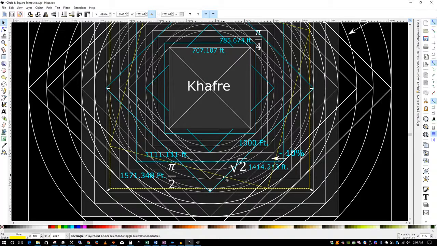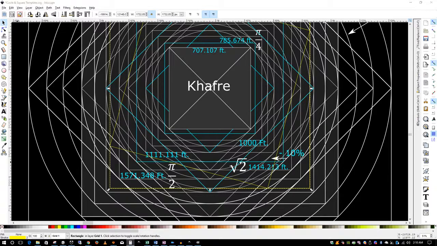And then if we take the square root of 2 ratio, which is this right here, well, basically it is where this yellow square is, which I'm going to rotate for you here real quick. So you see it's flat right now, so the 1414 is sitting right on top of it. But if you rotate that square, okay, so if you notice the numbers up here say 1414, 214, if you rotate that square 15 degrees, you get 1732.05.